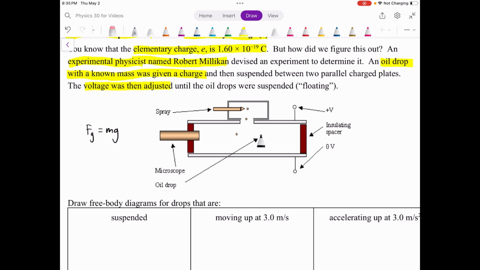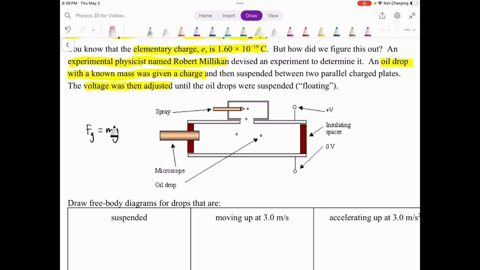So think about that. We know that the force of gravity is pulling the oil droplets down, and that's easy to calculate, right? We can easily calculate the force of gravity, and the electric force is going to be pushing them up. Now, if we can perfectly balance those forces, we know that the electric force acting on the oil drop is the exact same as the force of gravity acting on it downwards.